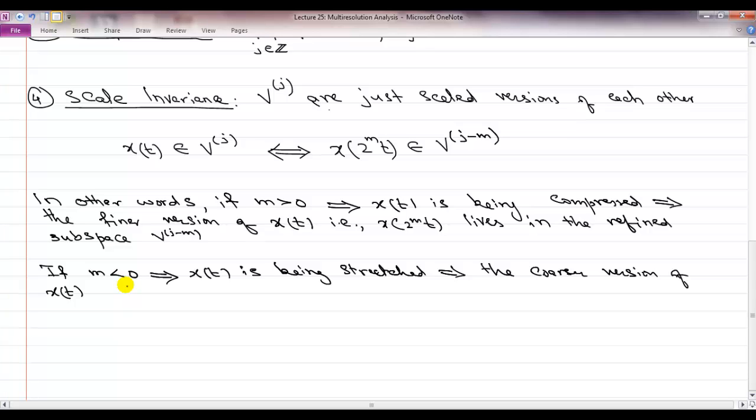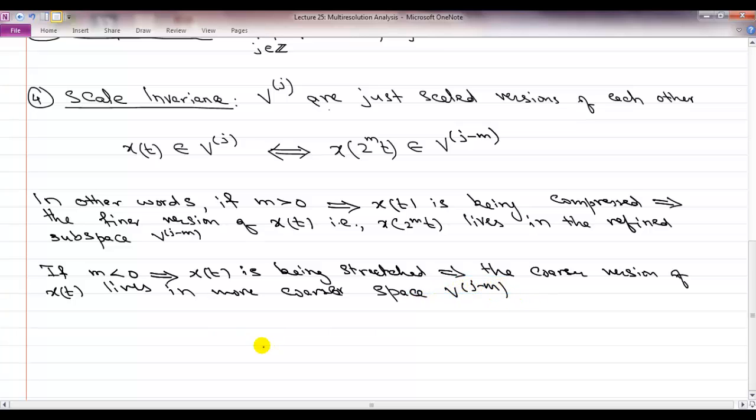So now m is less than 0, so j minus m is bigger than j, okay? If the index is bigger than the other index, then that subspace is contained in the previous subspace. So the coarser version of x of t lives in a more coarse space, V of j minus m.